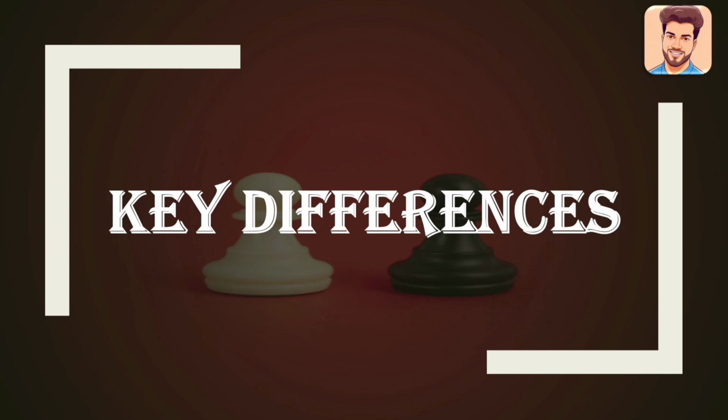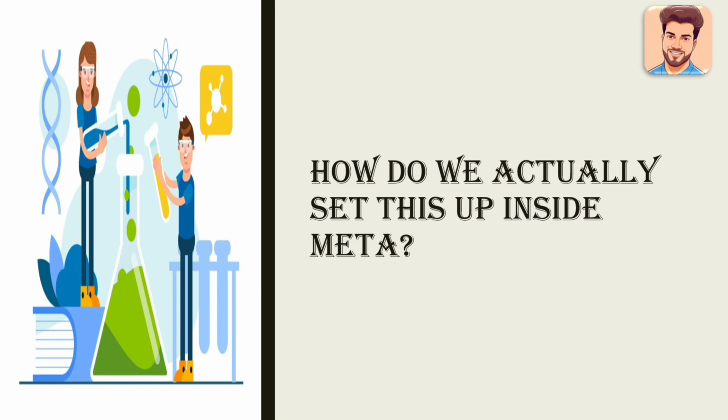Now that we understood the difference clearly, the next logical step is how do we actually set this up inside Meta, and this is where many people go wrong, right? So I will also show you on the dashboard how you can do the setups for remarketing and retargeting separately.